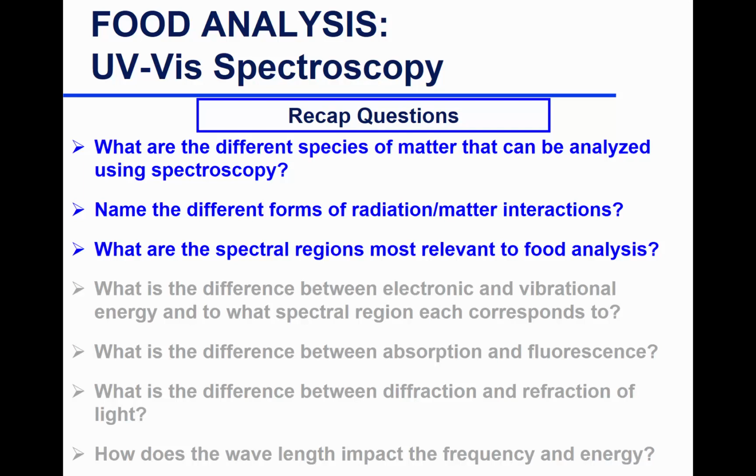There's refraction, absorption, emission, and diffraction of light. So matter can diffract light, scatter light, refract light, absorb light, and emit light.